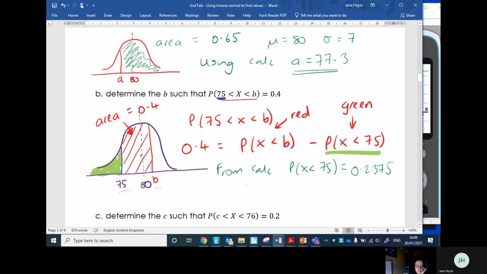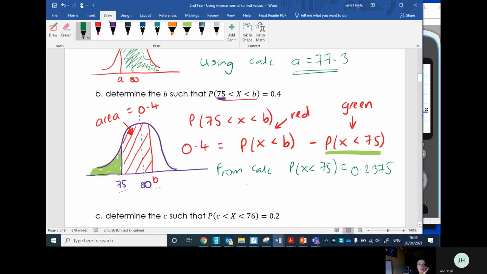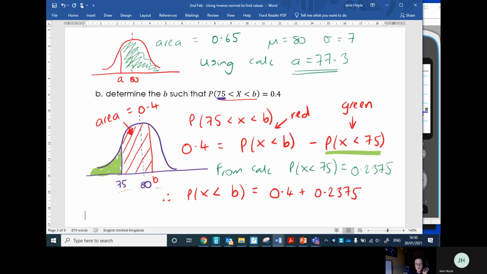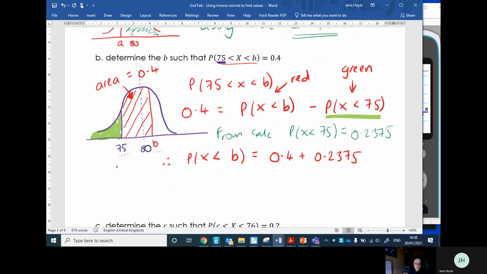I want the red bit to be equal to 0.4. So that then means that we want B. Therefore the probability that X is less than B is equal to the 0.4, the red, plus the 0.2375. So I want an area that has got 0.6375.